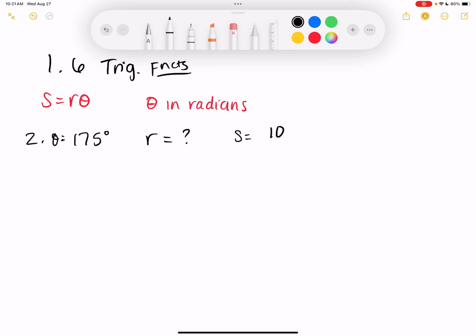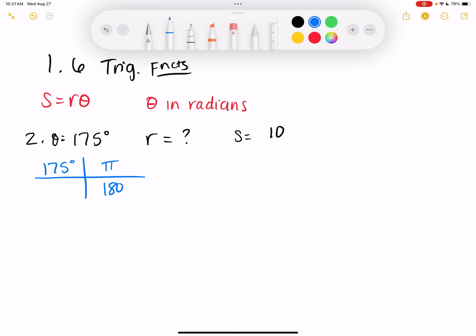I chose this one so that we can do a quick refresher on the conversions. If we have degrees to radians, you remember what my conversion factor is? Is it 180? Yeah. Pi over 180. And obviously it could be 180 over pi if we were going radians to degrees, but pi over 180 since I'm trying to go to radians.